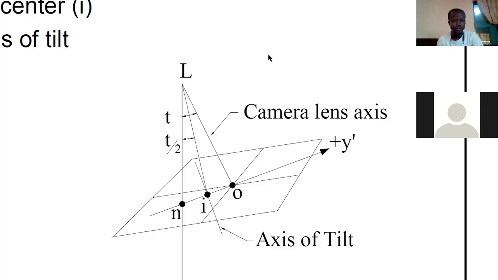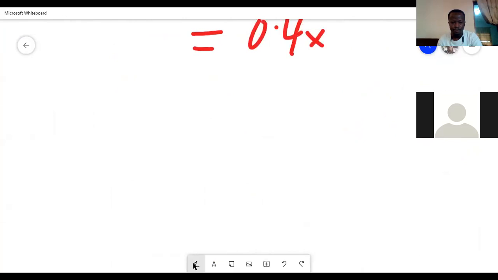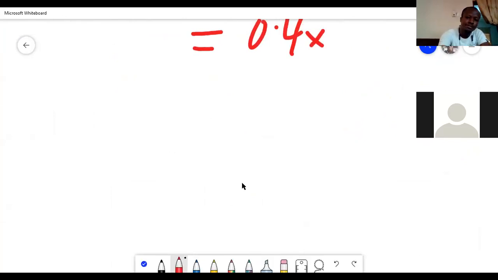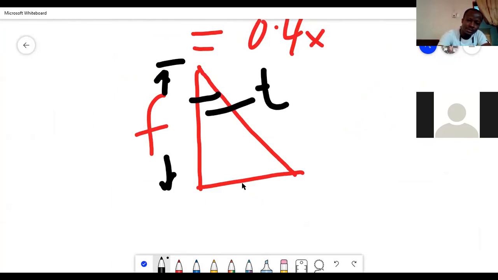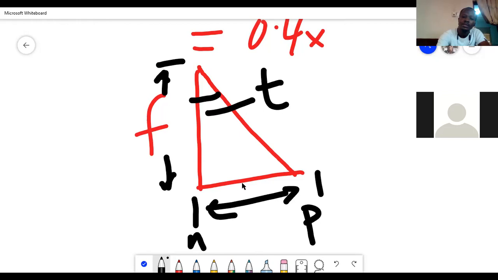So F, okay, let me go back to my drawing board. So F is this distance here, the focal length. T is a tilt. So the distance from here to here, which is actually N and P, are you okay? Is given by opposite over adjacent, which is tan.